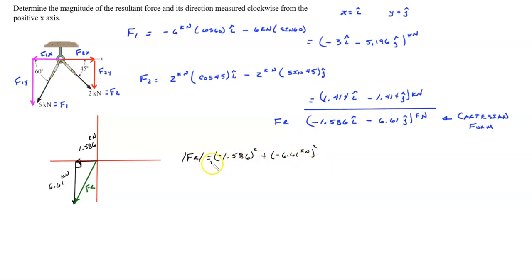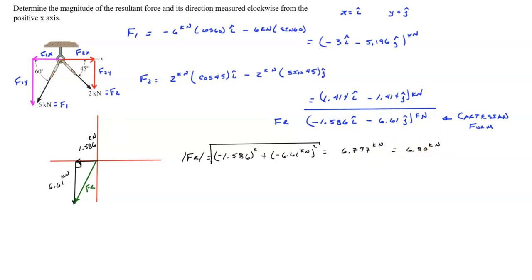Using the Pythagorean theorem, I got 6.797 kilonewtons, which is equal to 6.80 kilonewtons.